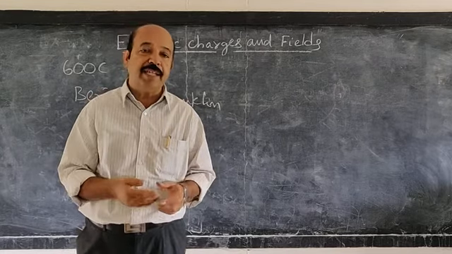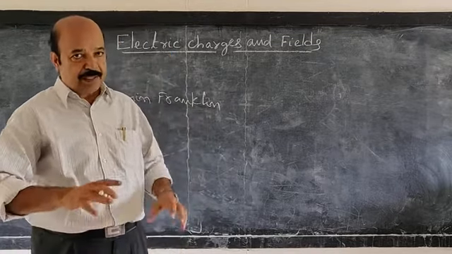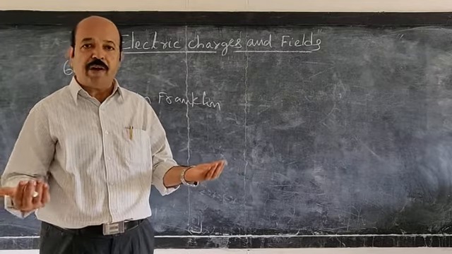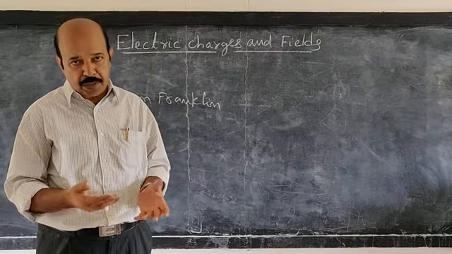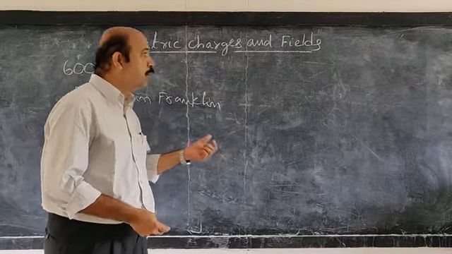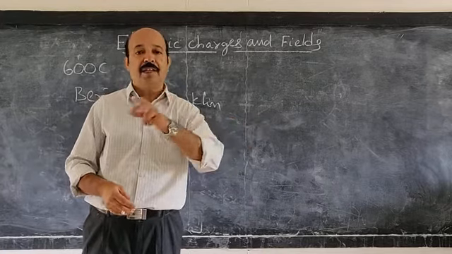They won't exhibit any such attractive property. Simply like numbers, adding numbers of equal value, positive and negative, what you get is 0, neutral. Keeping that in view, Benjamin Franklin named the charges positive and negative.